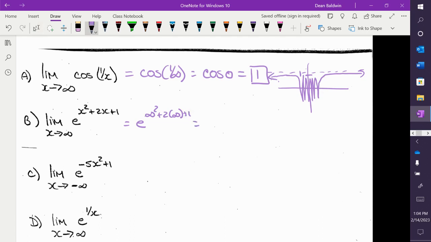Yes, you get infinity. So we get e to the infinity. What's e? E, for those that don't know, is 2.718, blah, blah, blah. It's a number. It's like pi. So any number to the power of infinity is infinity. No horizontal asymptote.